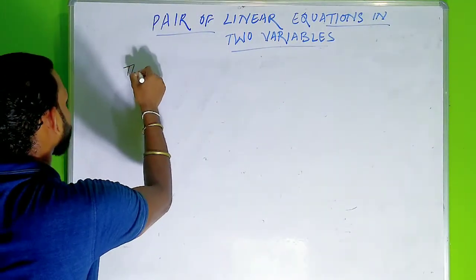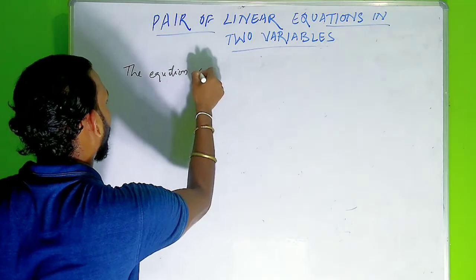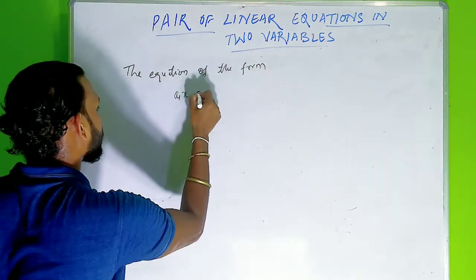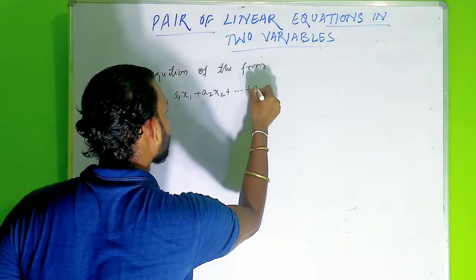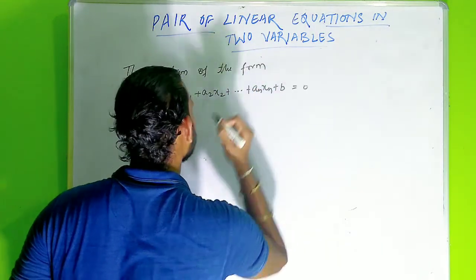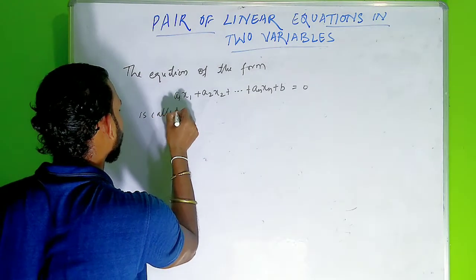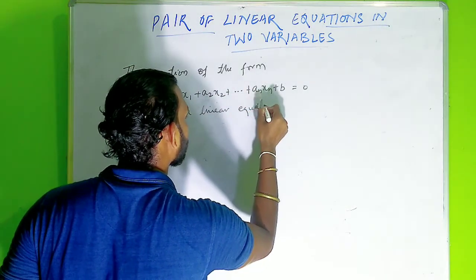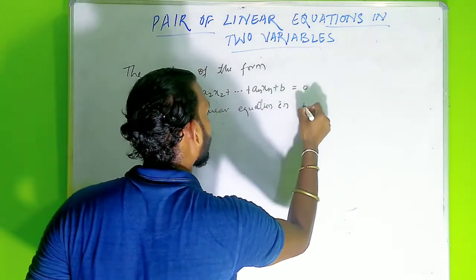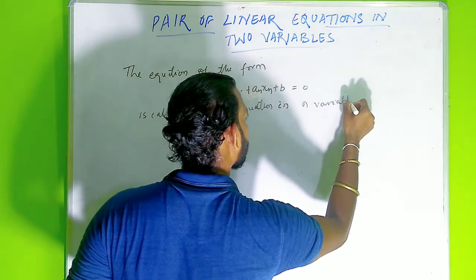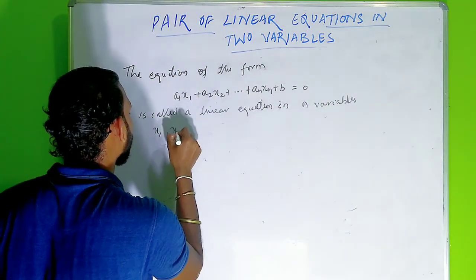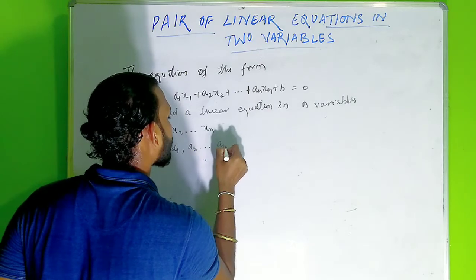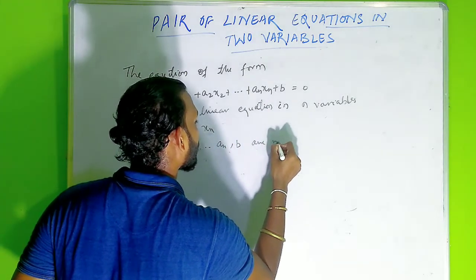So let me give you the definition of a linear equation. The equation of the form a1 x1 plus a2 x2 likewise an xn plus b is equal to 0 is called a linear equation in n variables, where x1, x2 to xn are variables, and a1, a2, likewise an, b are real numbers.